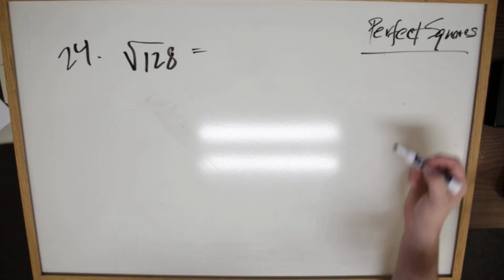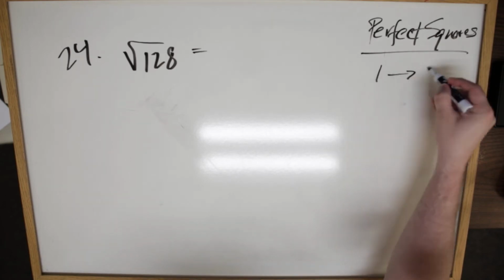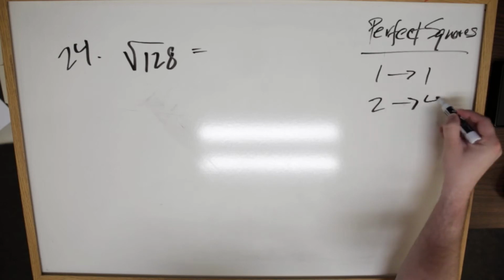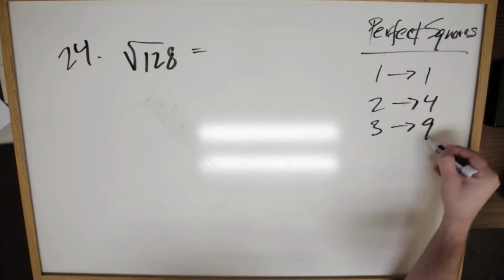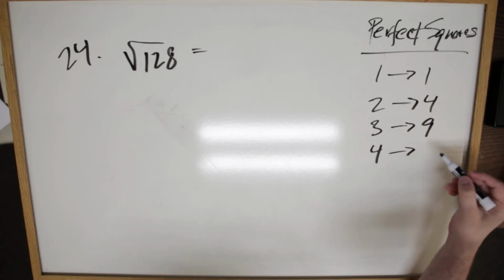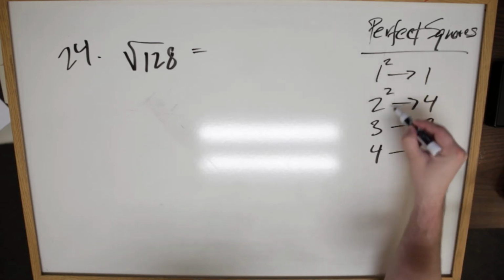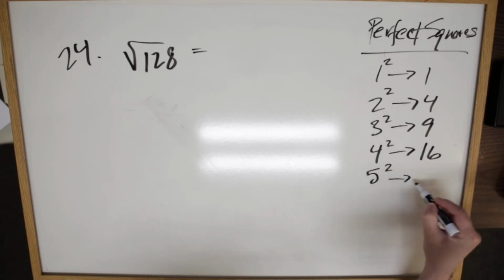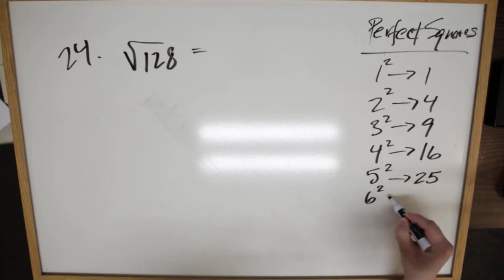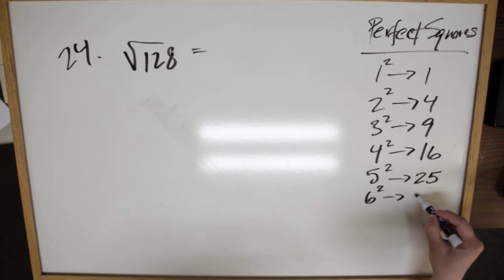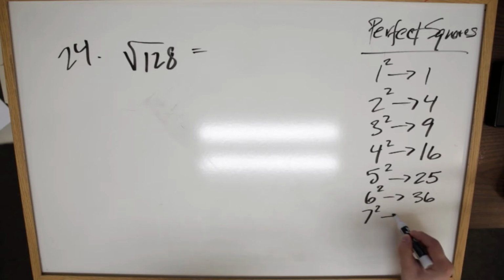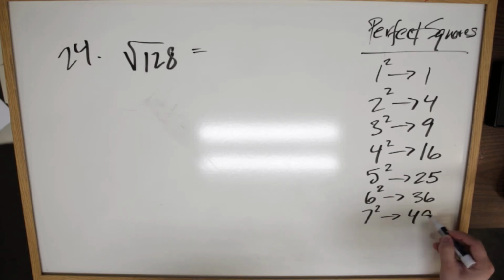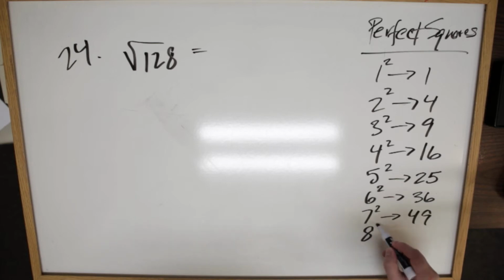Okay, perfect squares. 1 squared is going to be 1. 2 squared is going to produce 4. 3 squared is going to be 9. 4 squared is 16. 5 squared is going to be 25. 6 squared is equal to 36. 7 squared is going to be 49. 8 squared is going to be 64. 9 squared is going to be 81.